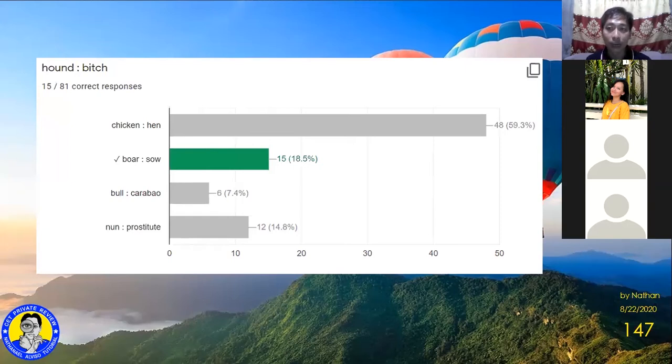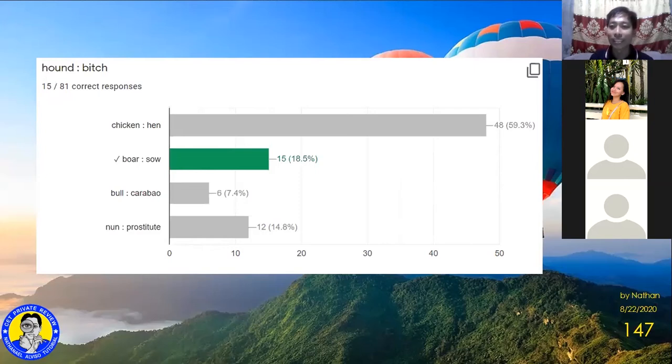Same with bull and carabao. Male carabao is a bull. Okay. Oops, I forgot about the female. Female carabao. And then we have the non-prostitute. And 12 answered non-prostitute.